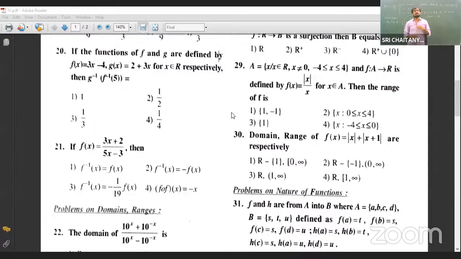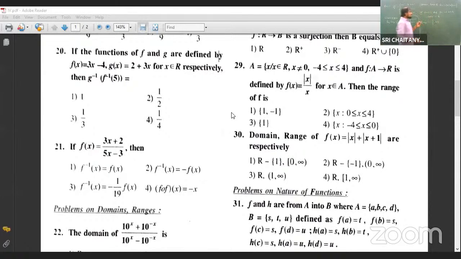Now let me take x equal to 1/2. |1/2| is 1/2 plus |1/2 + 1|, which is 3/2. 1/2 plus 3/2 is 4/2, which equals 2. That is greater than or equal to 1. So the range of that function becomes [1, infinity). 1 is a closed end because if I substitute 0, I get 1. So this is the answer.